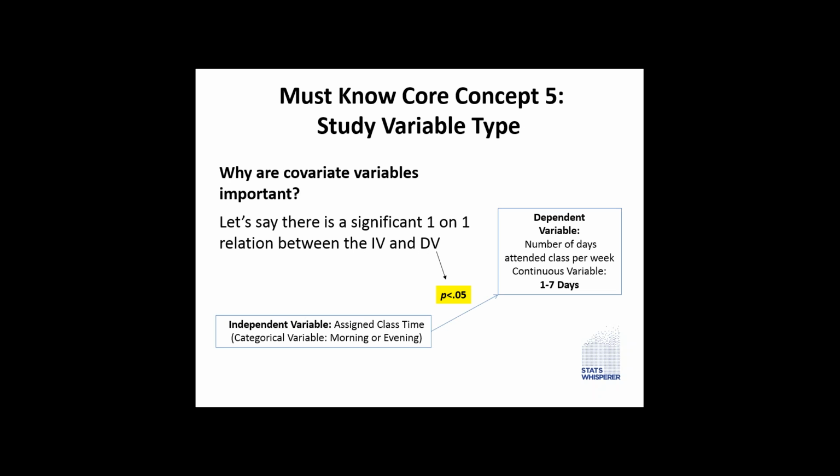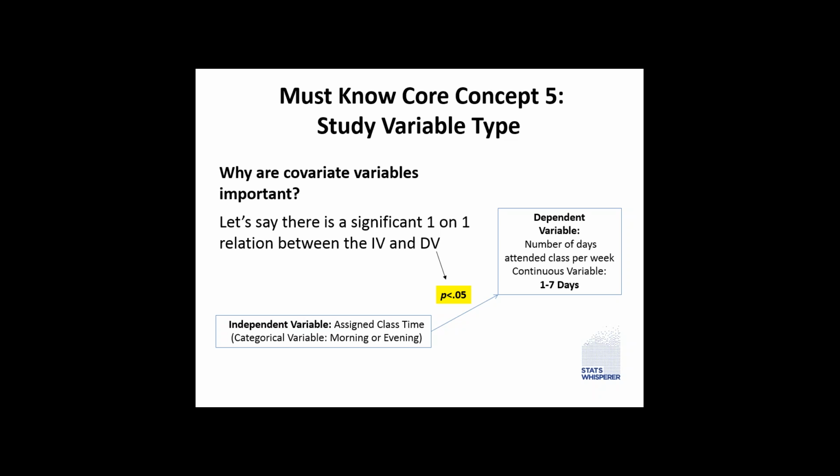So why are covariate variables so important? Consider this. Suppose we relate being assigned a morning or evening class, the independent variable, to the number of days you attend class, the dependent variable. And we find that it's significant, which is generally notated by probability less than 0.05.